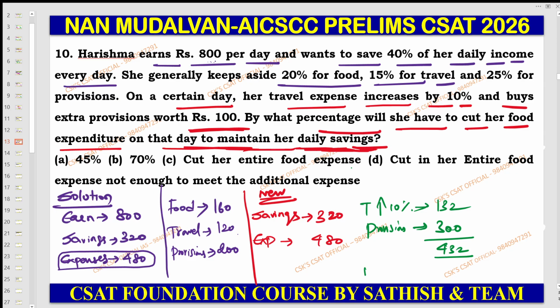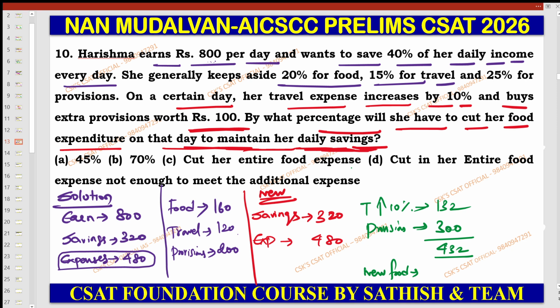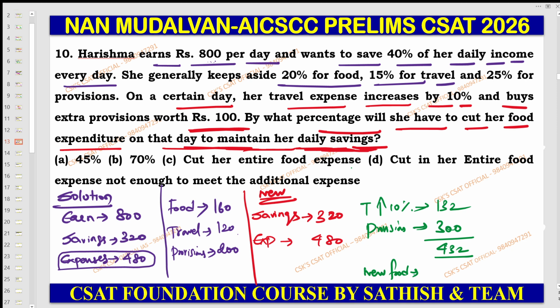Alright. So what is the new amount for the food? Already she uses 160, right? Instead of that, you can directly do this. That is better. So now see here, 480 minus 432 is going to be the new expense of the food. 48 rupees only.